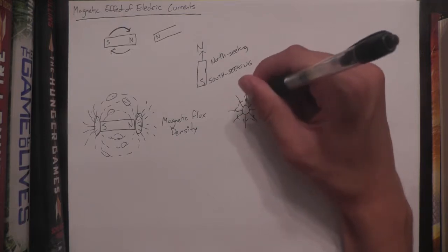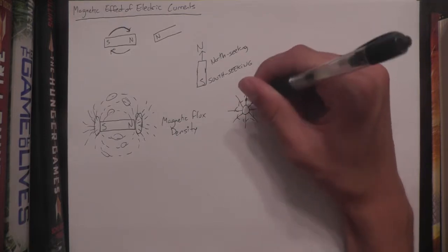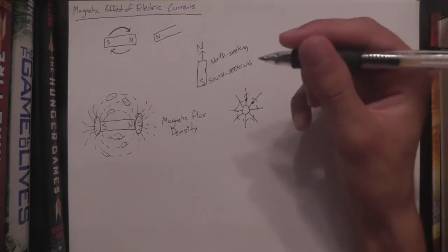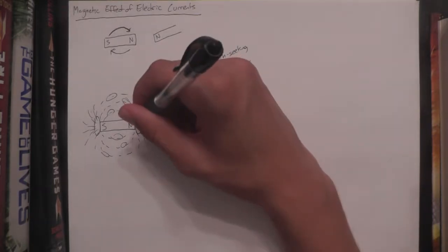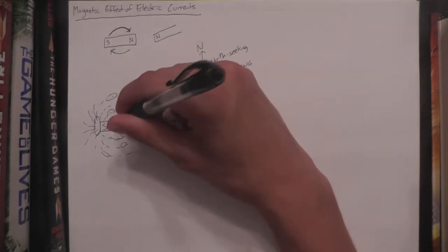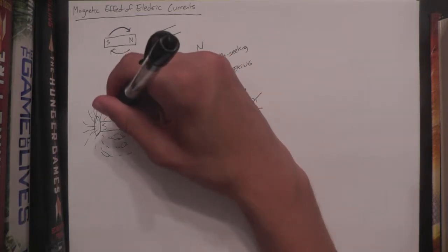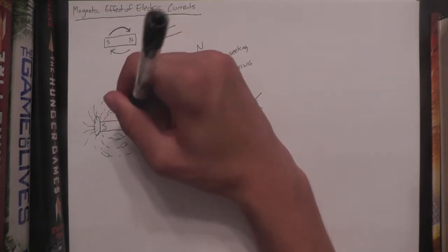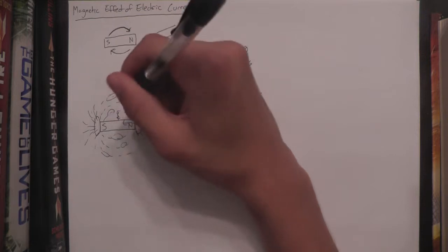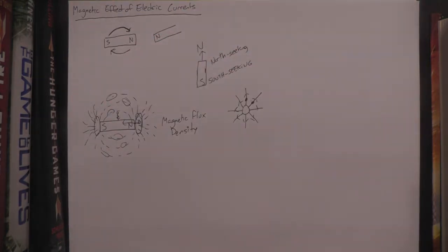If you've got one here and you've got one the same distance away here, it's going to be the same strength, but that is not true for magnets. If you've got a magnet placed here, it's going to be attracted a lot. If you've got another magnet placed over here, same distance away from the magnet as this one, it's going to be attracted a bit less. So magnetic flux density is kind of unique in that aspect.